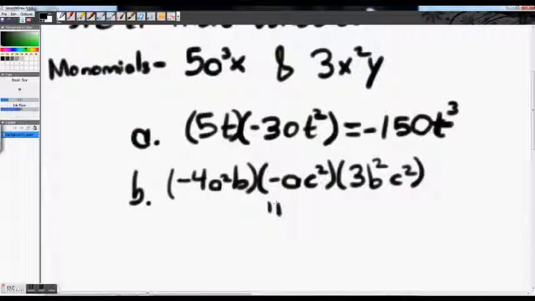Negative 4 times the coefficient of the second term, which is negative 1, is 4. 4 times 3 is 12. Then we multiply together the like terms. a squared times a gives a cubed. b times b squared gives b cubed. And c squared times c squared gives c to the fourth.